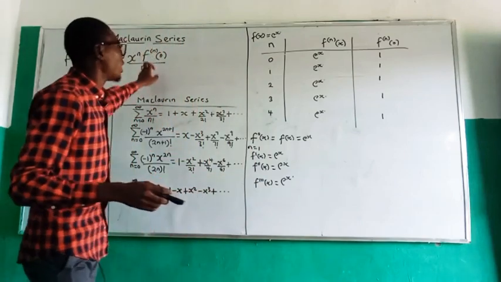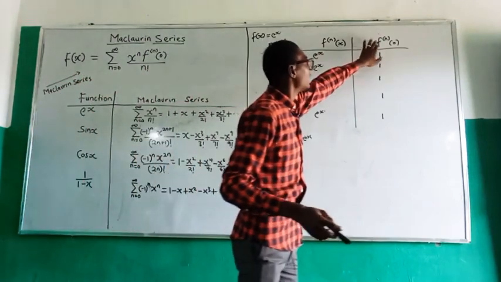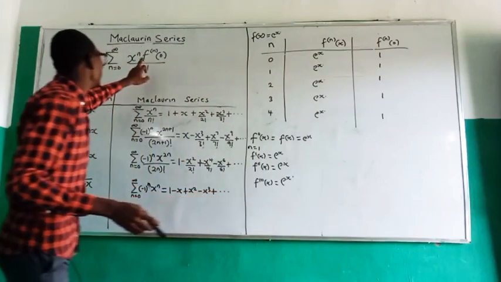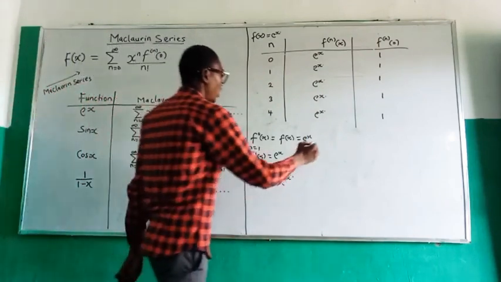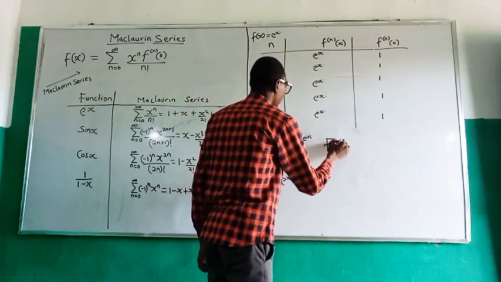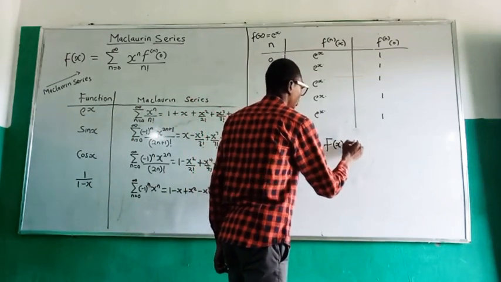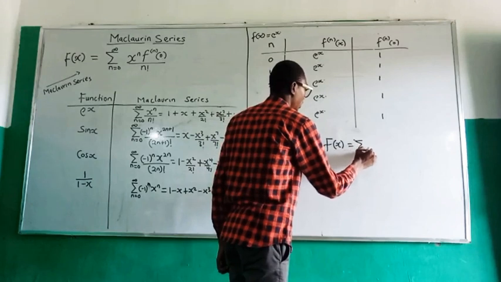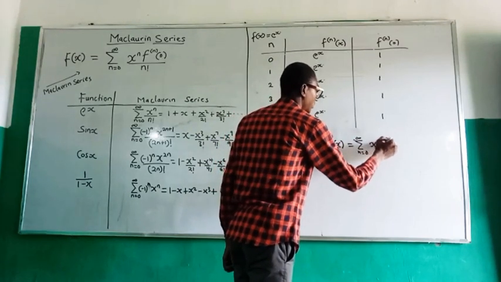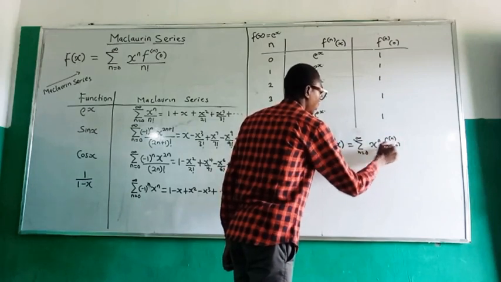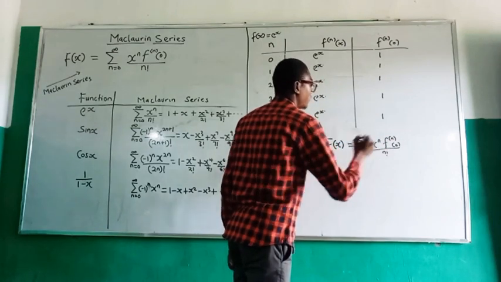From this formula, we have already obtained this. So what else do we need to find? You have f of x to be the summation, n equals 0 to infinity, of x raised to the power of n times f^(n) of 0 divided by n factorial.